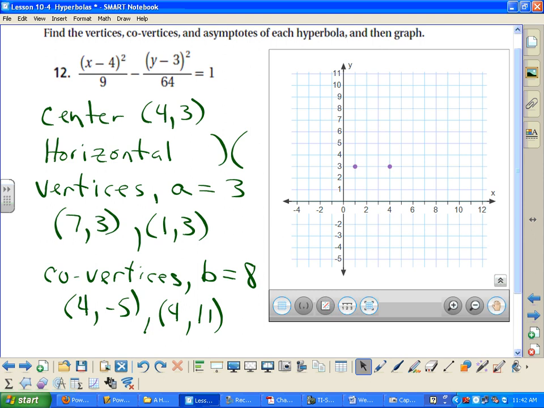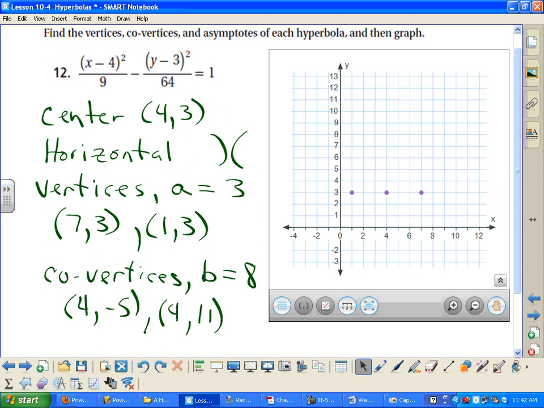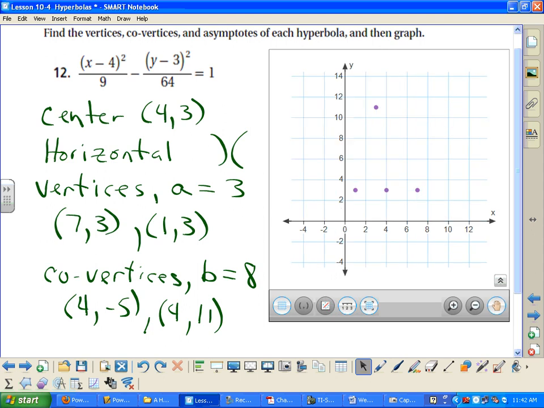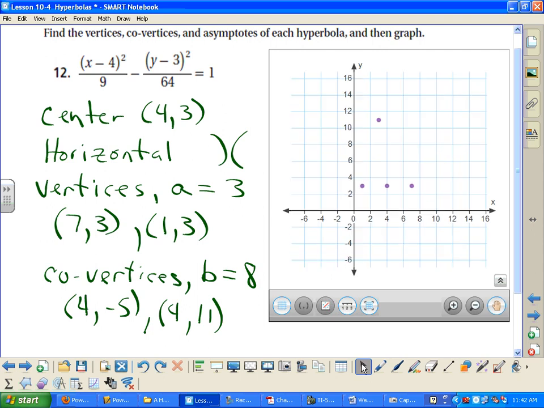Go to the right 3, and I'm at the point 7, 3. Vertically, it changes by 8. So from the center, I'm going to go up 8, so 3 to 11, and down to negative 5.